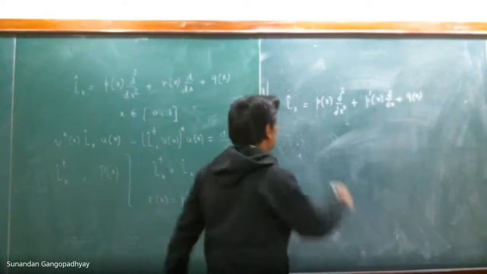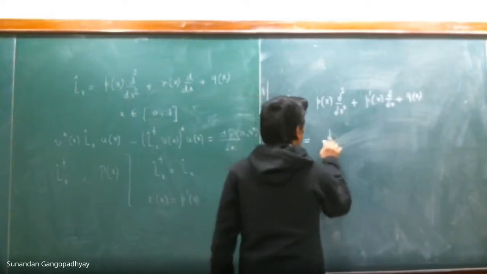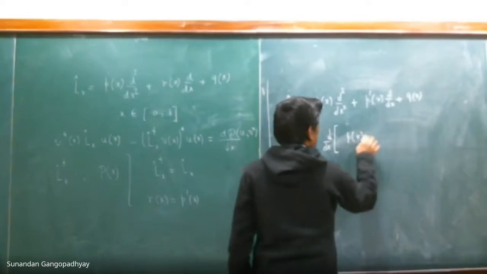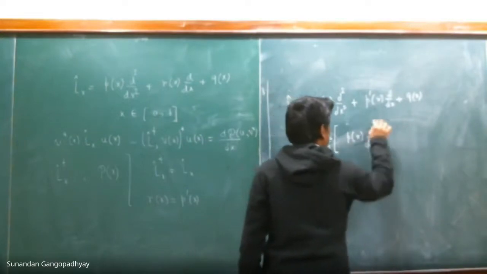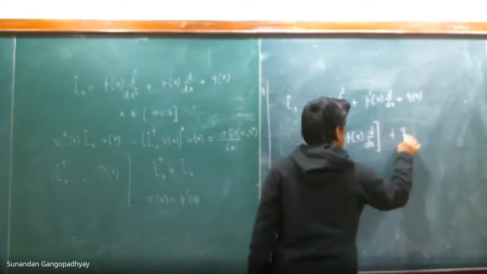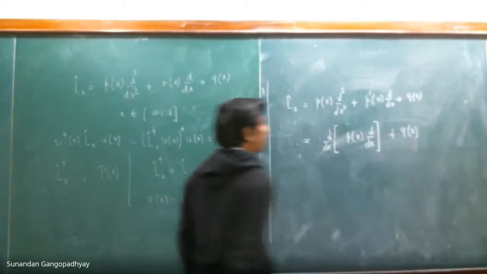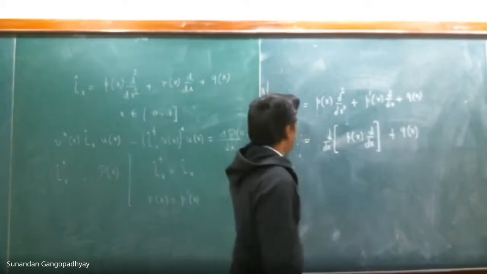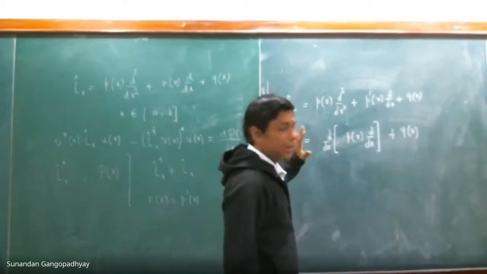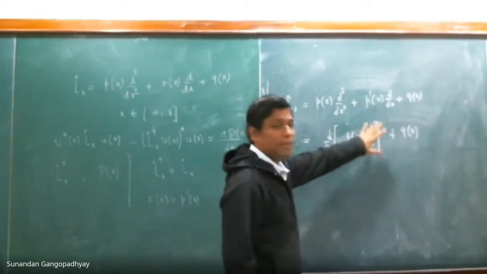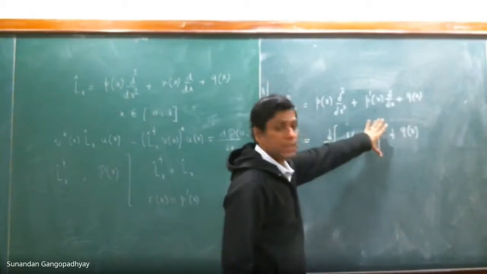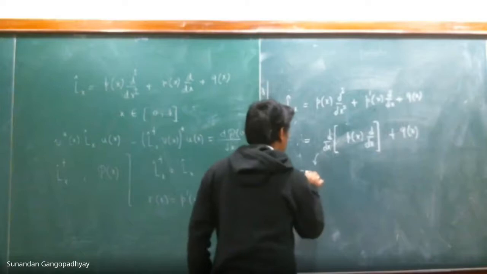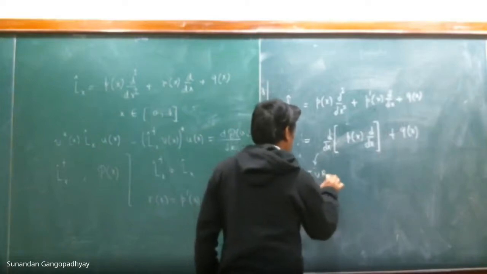This you can write as d/dx of p(x) d/dx plus u(x). So this form of the operator L hat x, when it is a symmetric operator, is a total derivative kind of thing: d/dx of p(x) d/dx plus u(x). This form has a special name, and it is called the Sturm-Liouville form.